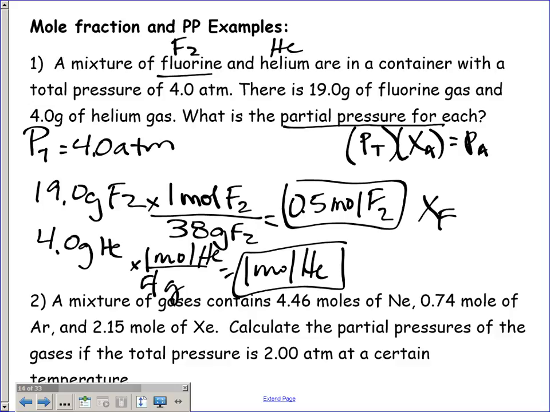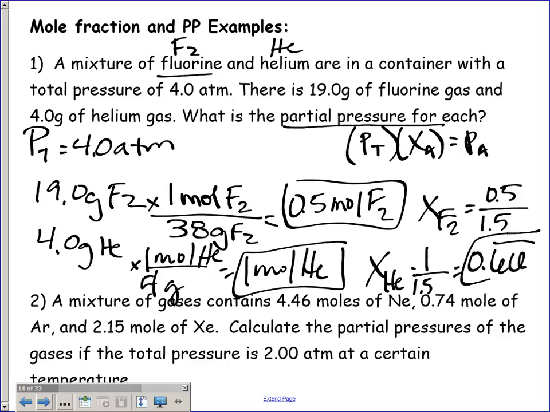Mole fraction of F2 is equal to what over what? 0.5 over 1.5. Good, it's summative, right? So what's that math? 0.333, okay? And then mole fraction of helium is equal to 1 mole over 1.5, so that's 0.66 repeating. And this is 0.33 repeating. So then, mathematically, you can find the partial pressure by doing what?